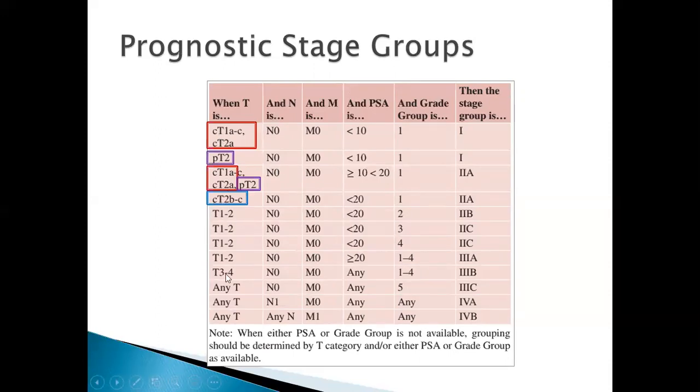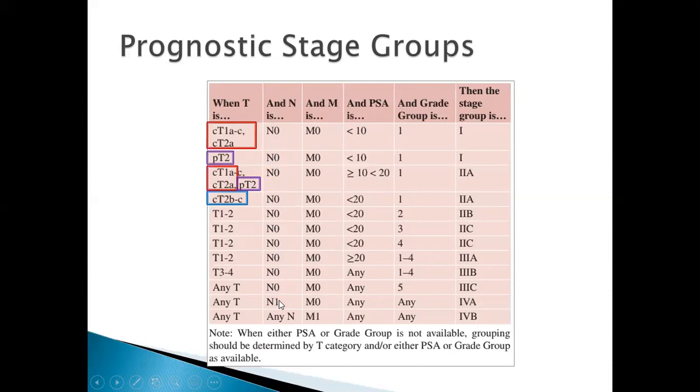When we get further down for the T1 through T2 and down, then this is either clinical or pathological, okay? So really pay close attention. This is where attention to detail really matters, okay? So then we find the T that we have, then we find the N that we have, and as you can see, it's N0, N1.